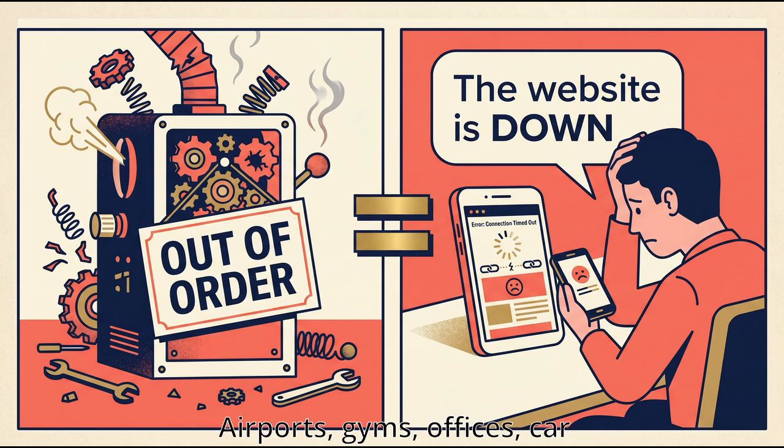Airports, gyms, offices, car parks. If you see it on a machine, don't queue. It's broken. In conversation, especially in British and Australian English, that third meaning, the social one, is really common. You might hear it in an argument, in football commentary, in an office complaint.